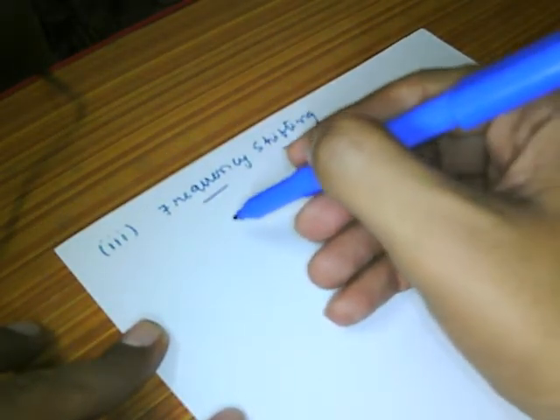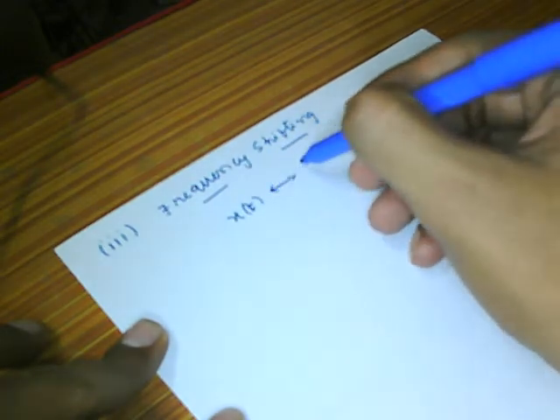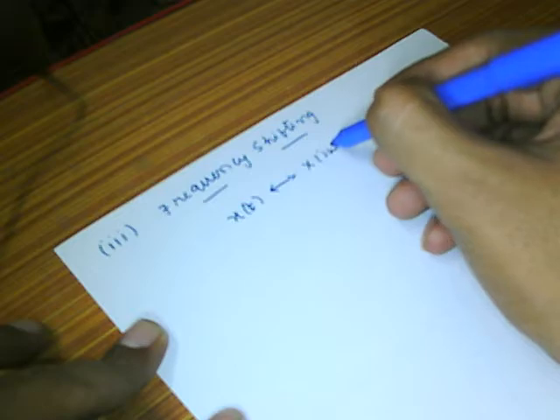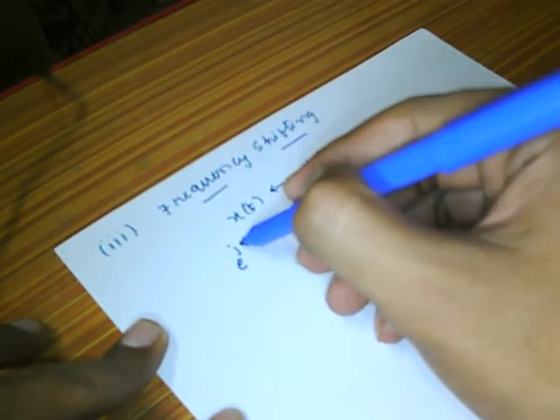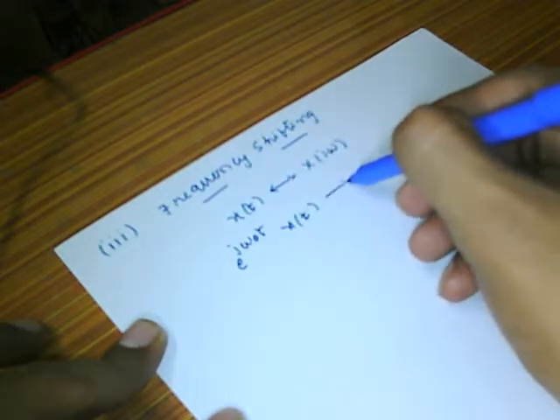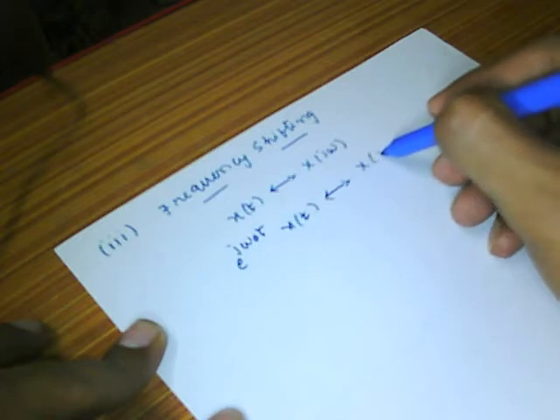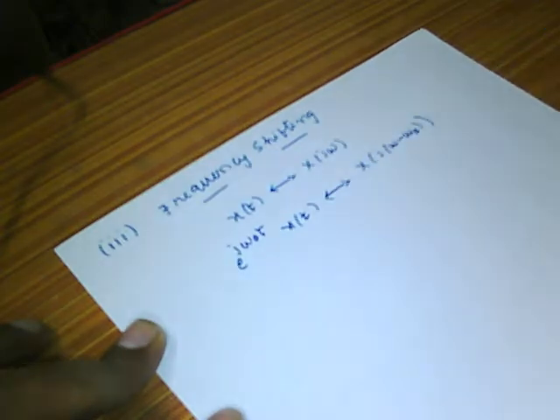If x of t has x of j omega as the Fourier transform, then e power j omega naught t x of t has x of j omega minus omega naught as the Fourier transform.